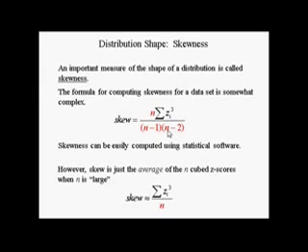And 1 divided by 1,000 is about the same as 1 divided by 998. So when n is really, really large, the ratio of these two numbers goes to 1. And the value of the skew gets really, really close to this value down here.